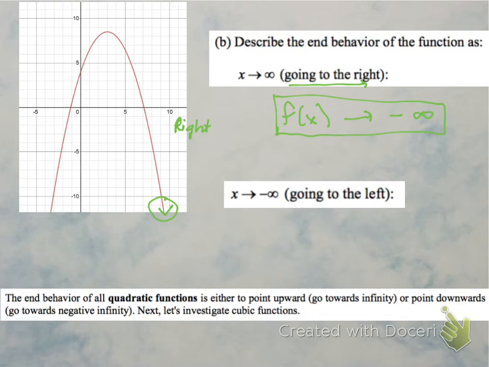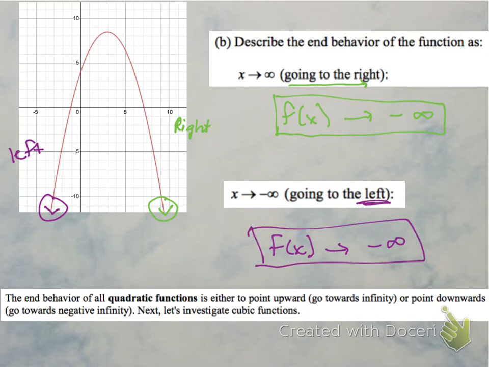And then separately, we can look at the left-hand side of the graph, as x goes to negative infinity, and that is also going down forever. So f of x is going to negative infinity.